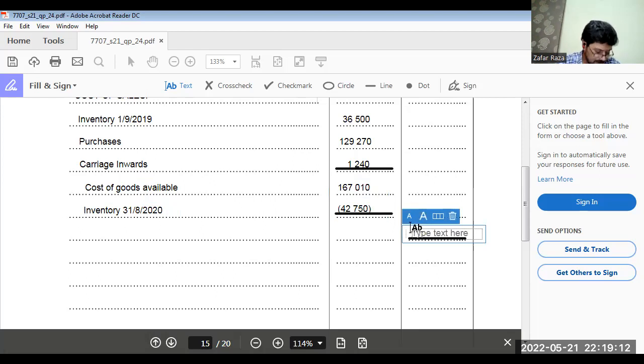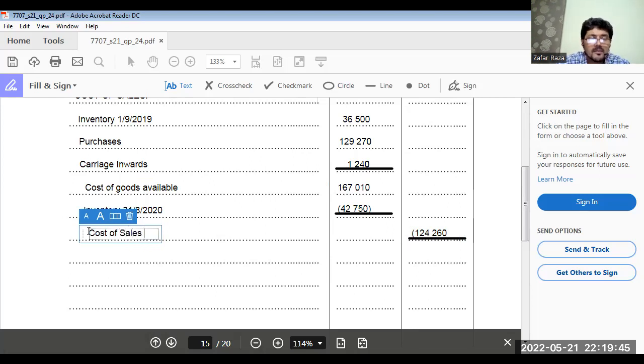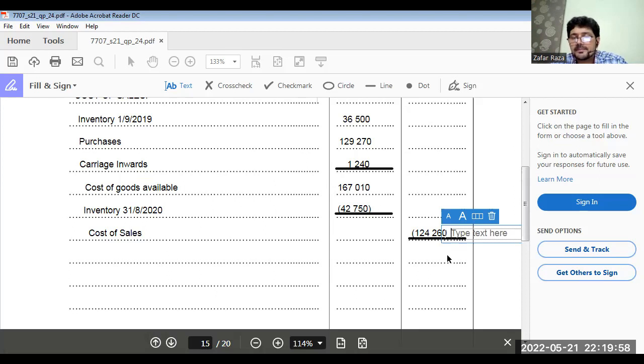How much? 167,010 minus 42,750. This is 124,260, our cost of sales. Cost of sales should be in the bracket.